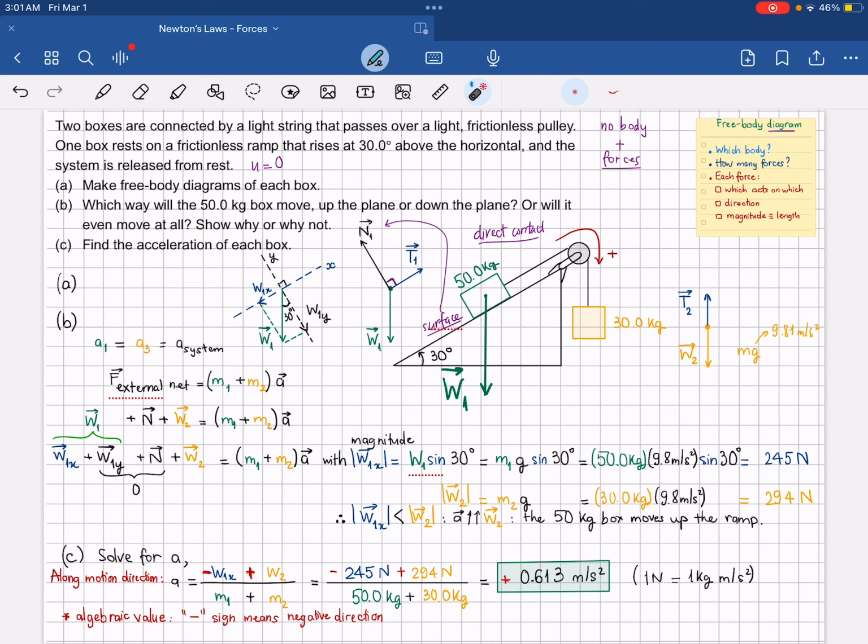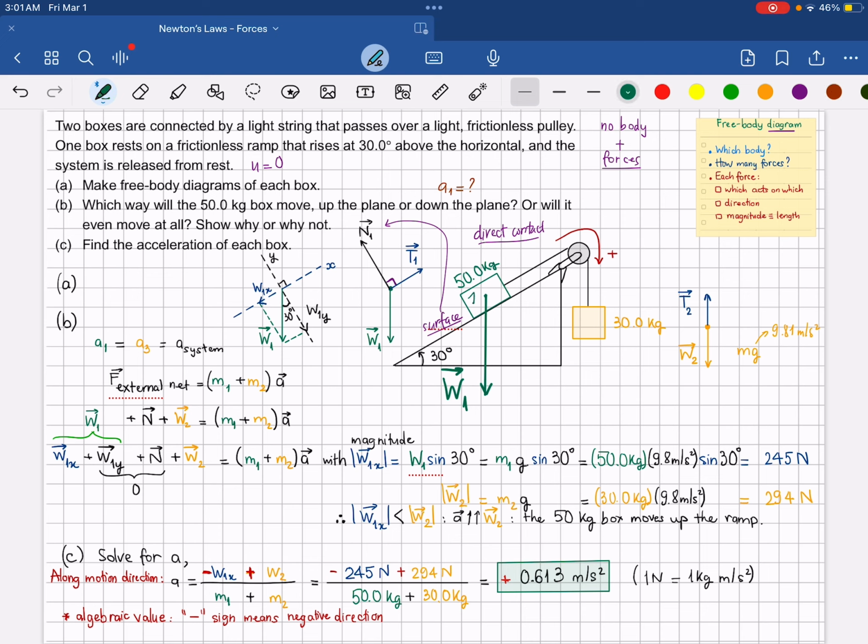So in order to answer this question, basically we need to find the acceleration of the box. And here this is the first box, box 1, let's label it as 1.